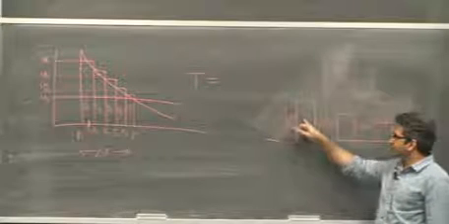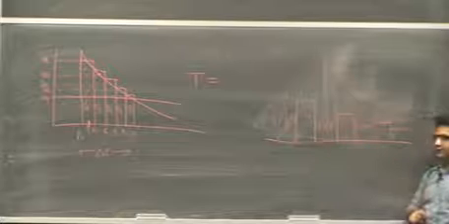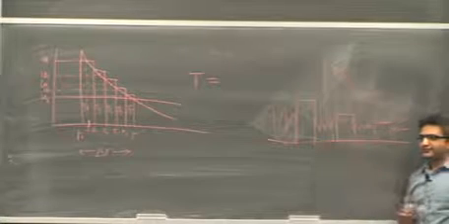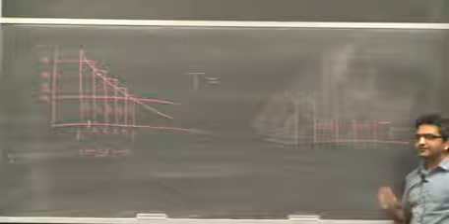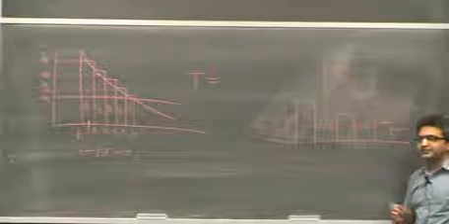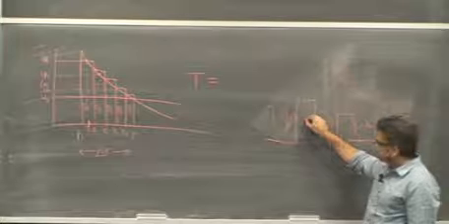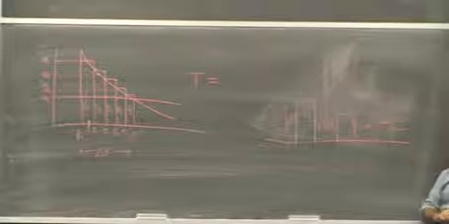A part of that flux will cross this barrier, and then part of this flux will cross this barrier. Is this the sum of all three? No, it's not the sum of all three. It's the product. This is the transmission probability from this times the transmission probability from this barrier times the transmission probability from this barrier.